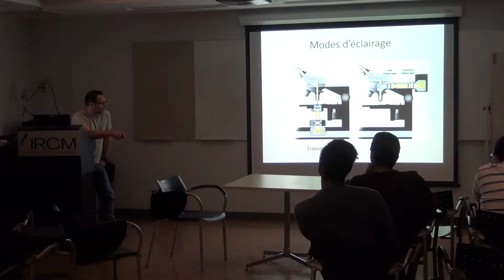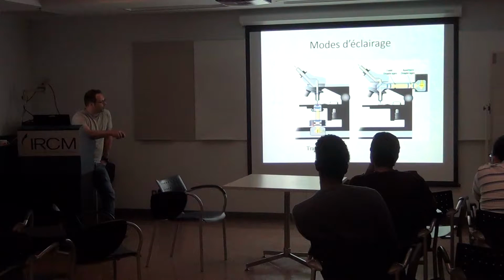So the transmitted light, so that you have a light source, let's say below if you look here, but sometimes you get an inverted microscope and then the transmitted light is on top, the objective is on the bottom, and then it goes there and you have the ocular.